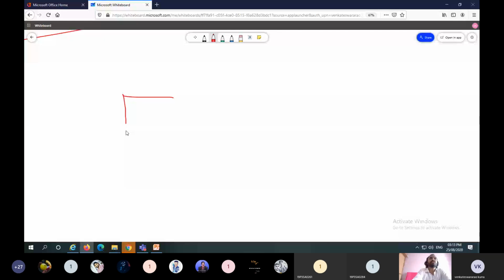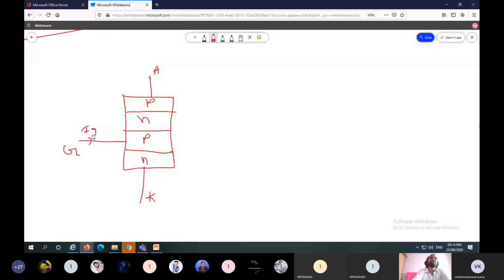This one is P layer, this one is N layer, this one is P layer, and this one is N layer. So this is the anode, this is the cathode, and this is the gate. Here the gate current is IG, the anode current is IA, and the cathode current is IK.